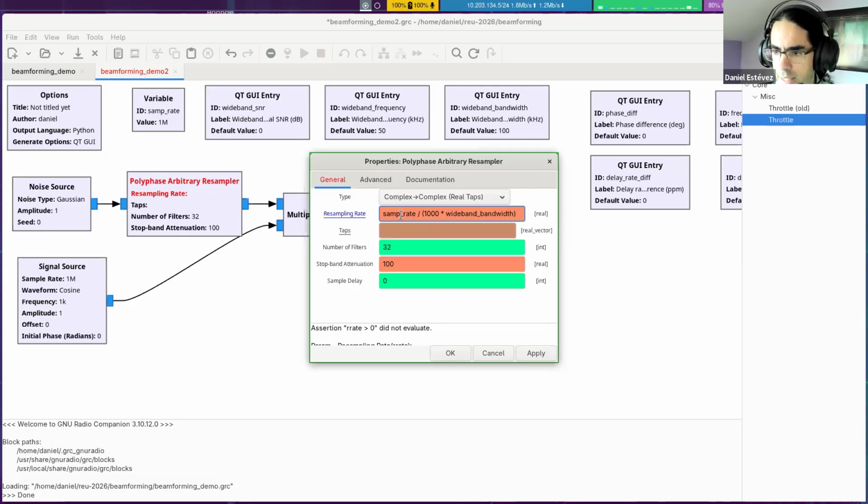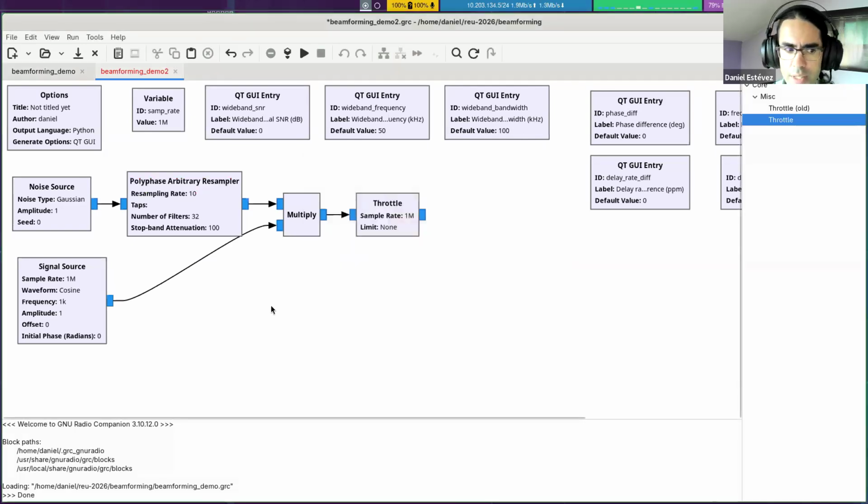And this should be 10. If I hover on the field, and if I didn't make any typos, we can see that the value is 10. That makes sense because the noise source is going to be 10 times narrower than the whole bandwidth we have. That's 100 kilohertz compared to 1 megahertz.